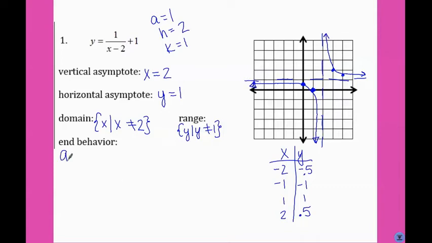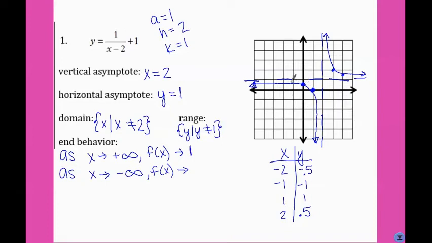So where is our end behavior going this time? This end's going towards what y value? 1.